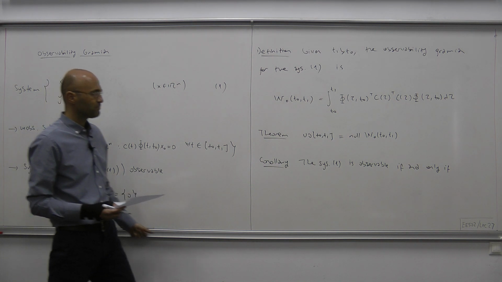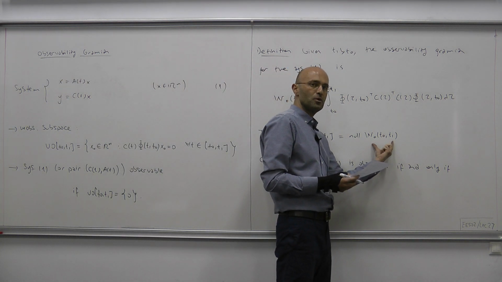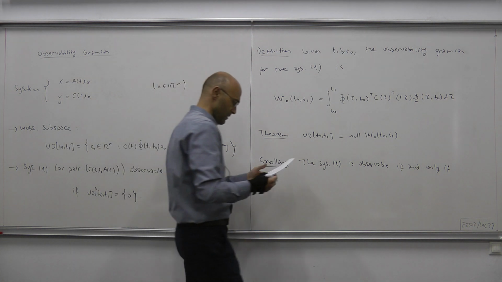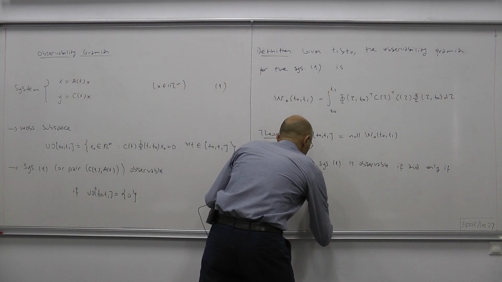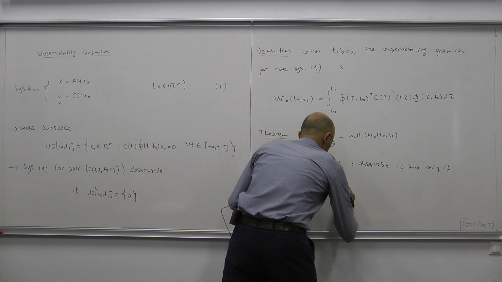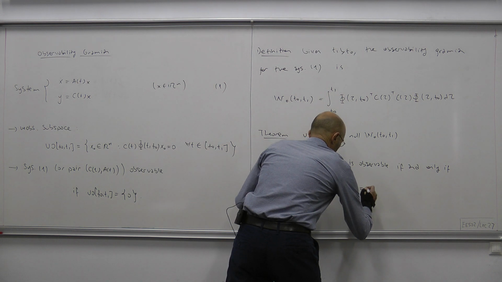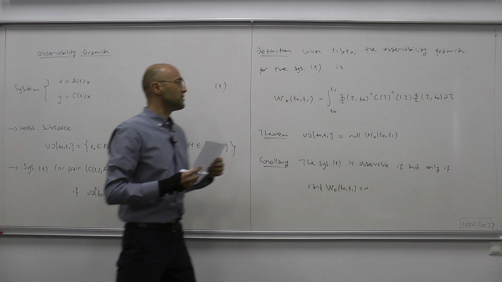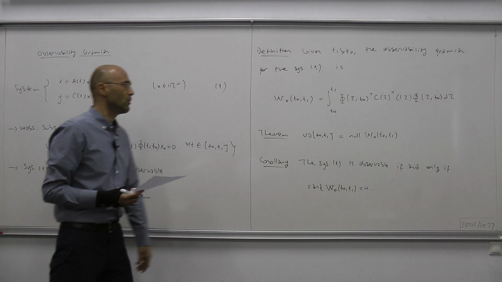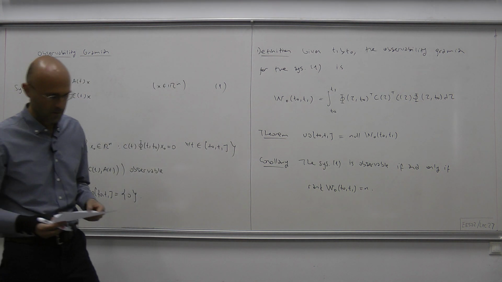That would mean this matrix, which is n by n, is full rank. So the system is observable if and only if the rank of the observability gradient is n, where n is the order of our system. Now we will concentrate on the LTI case.